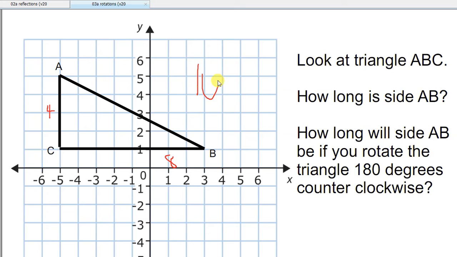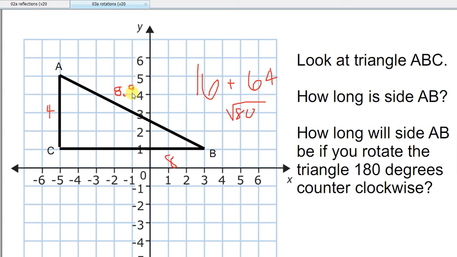So this is 16 plus 64, which is 80. And the square root of 80 is, what's that going to be, 8.9? 8.9.